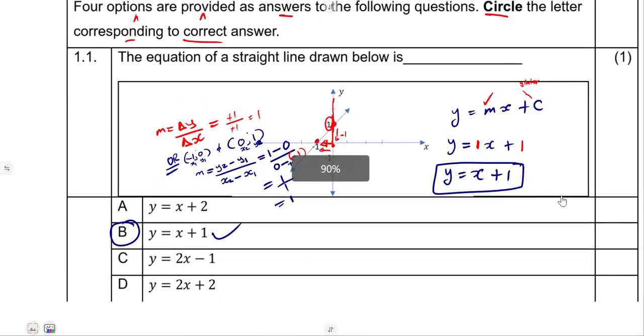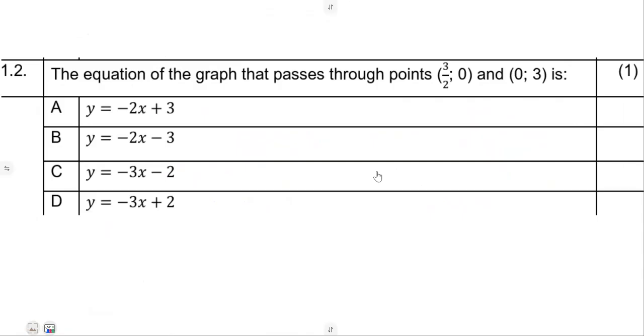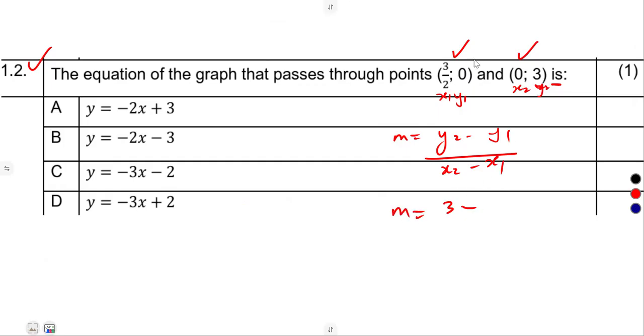You can use any way, guys, to determine the equation of a straight line. 1.2, the equation of the graph that passes through this point and this point is what? We're given 2 points, so simply determine your gradient using x1, y1, x2, y2. So first the gradient, change in y over the change in x. We substitute y2, that is 3, minus y1, that's a 0, over x2, that's a 0, minus x1, which is 3 over 2.